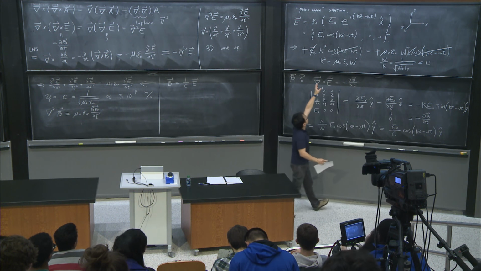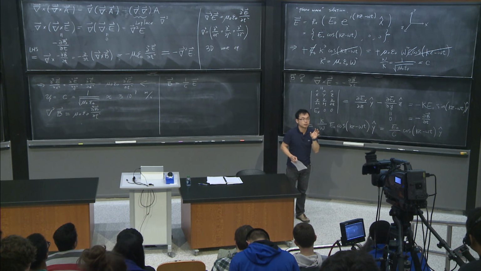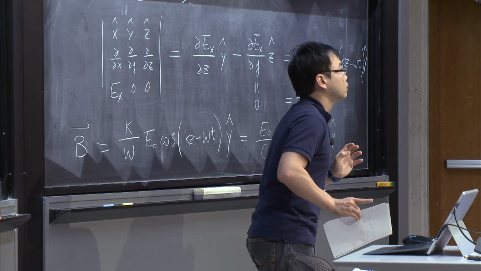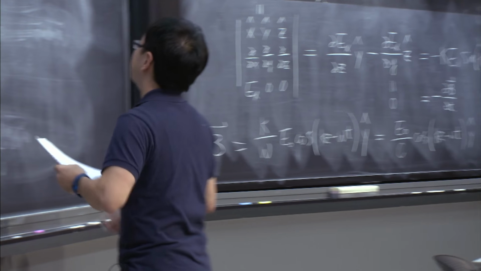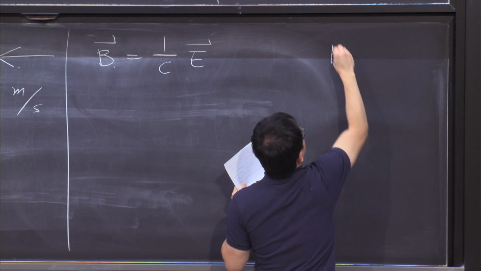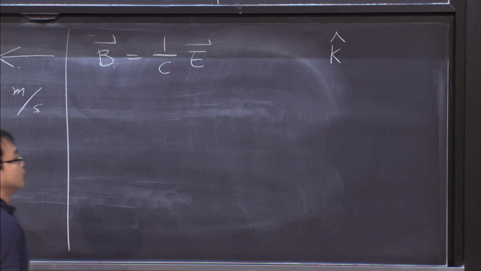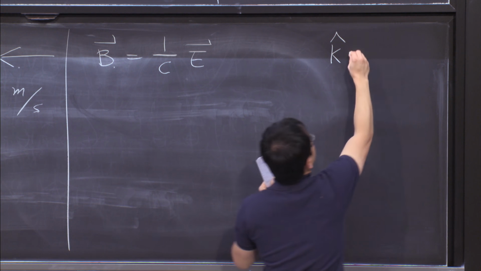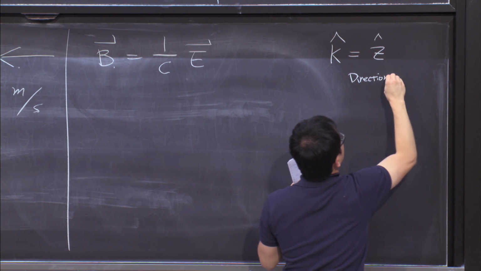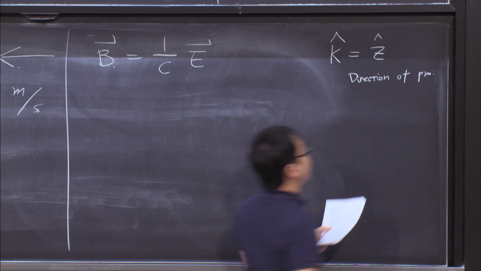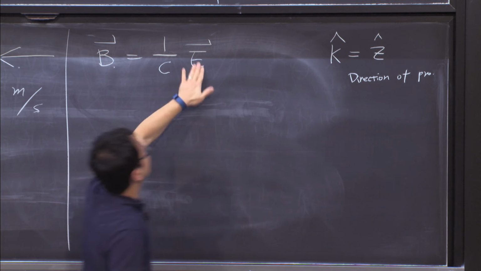The original direction of the electric field is in the x direction. We also know the direction of propagation is in the z direction. Therefore, if I take the unit vector k hat, where k is the wave number but now I make it a vector, equal to z, the direction of propagation, then I can rewrite this relation.